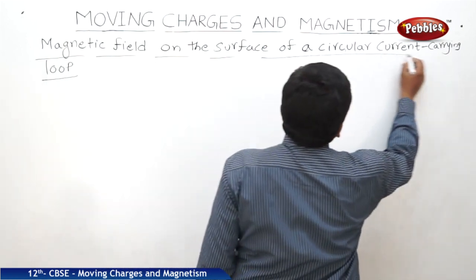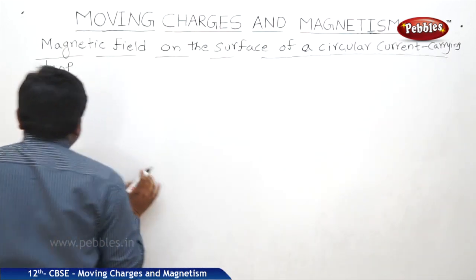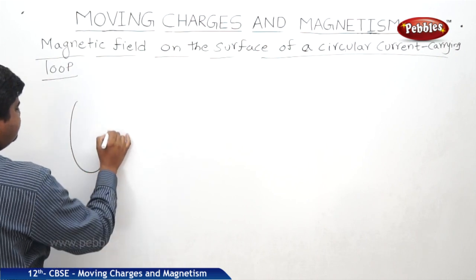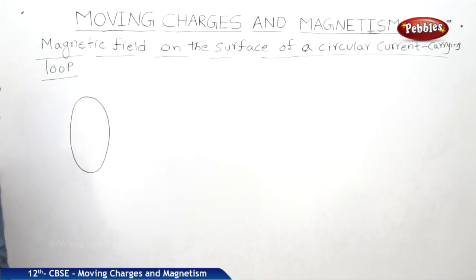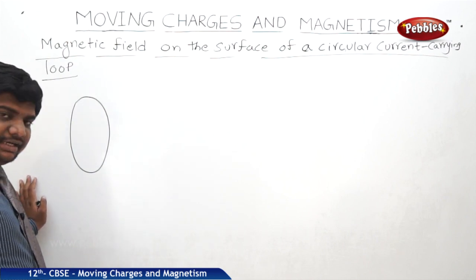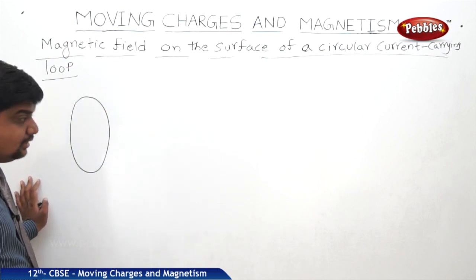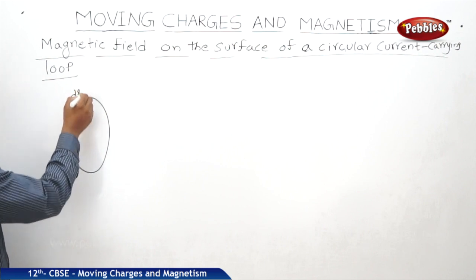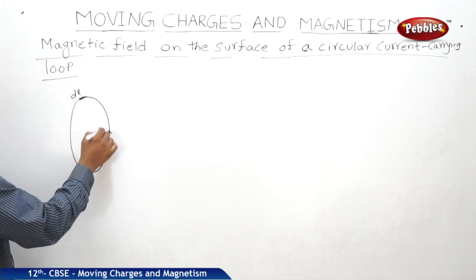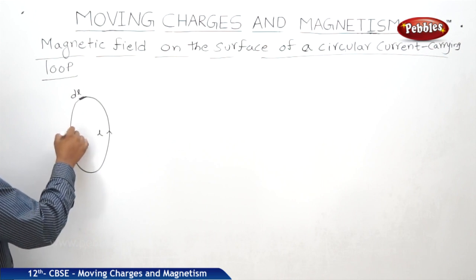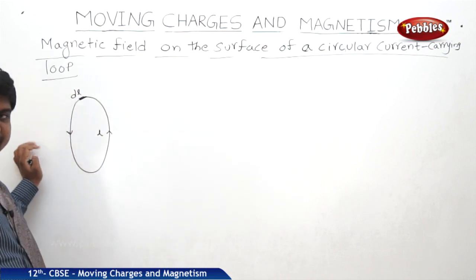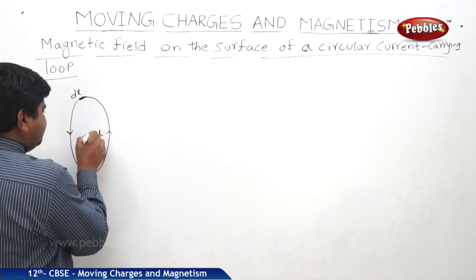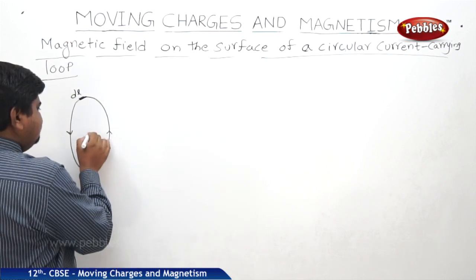So try to visualize the concept whenever you get it. So this is a circular current carrying loop. Its length is L, nothing but the circumference 2 pi r. If we take a small element here, its length is dl. Total length is L. Take the center of the circular current carrying loop.